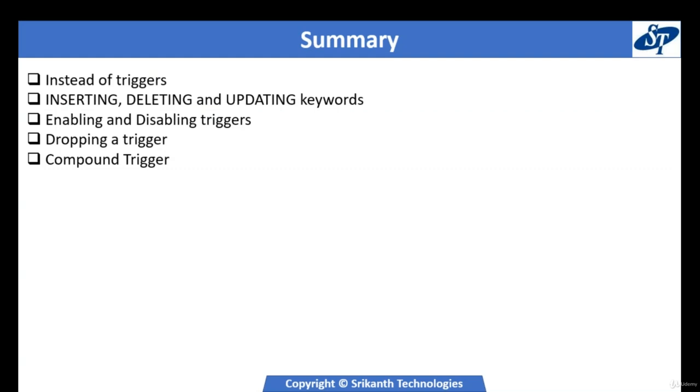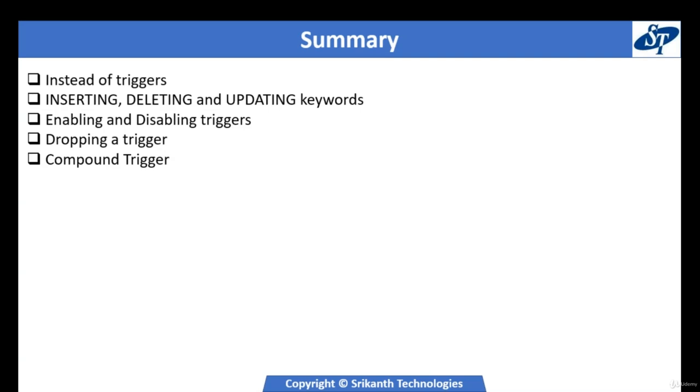Then you can know whether the trigger is fired because of inserting or updating or deleting using those keywords. Anytime you can enable or disable a trigger, you have to decide whether to disable or not to improve performance in some cases. If you want, you can. Anytime you can re-enable it. Drop a trigger if it is not making sense anymore.